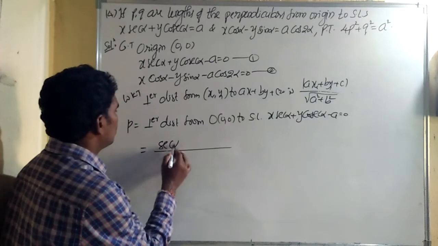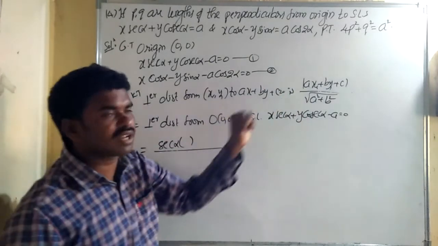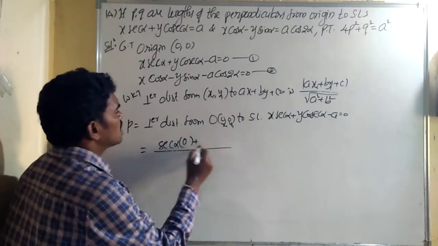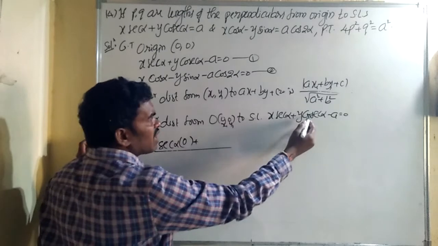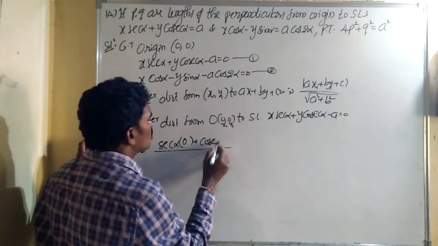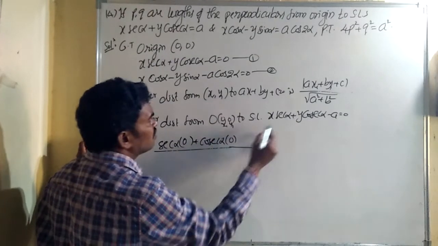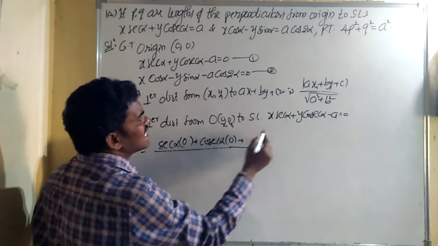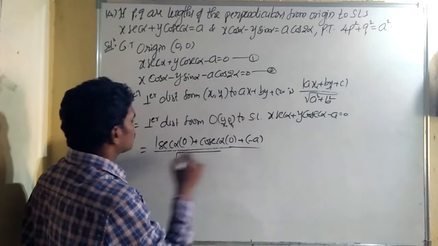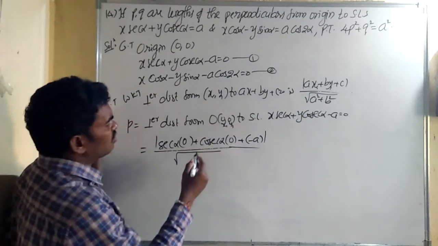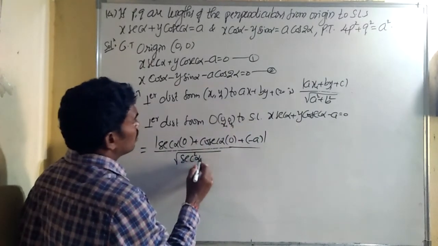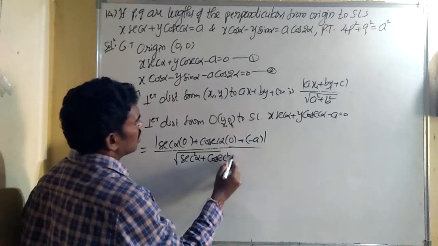So secant alpha into x1, and x1 means 0, plus b means y coefficient, cosec alpha, into y1 which is 0, plus c. c means minus a, by root of a square plus b square, means a is secant square plus b is cosec square alpha.